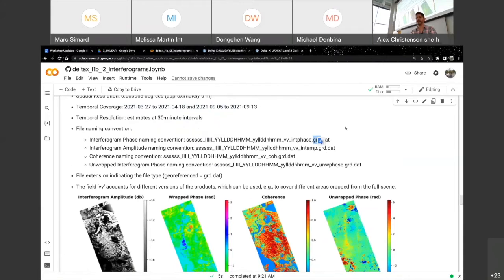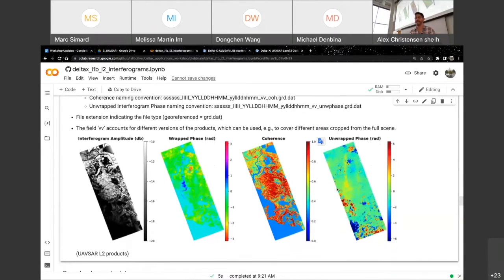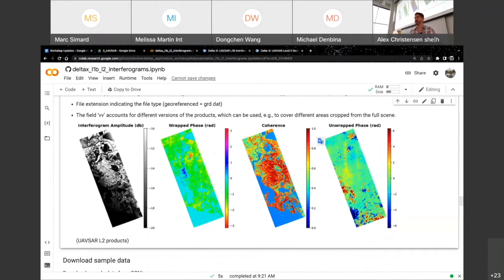So the products that we are delivering that have the geocoding coordinates have the .grd extension. And these ones are friendly with QGIS. You can open them, compare them with the satellite background map, and play around with them in QGIS if you want to. But the data is the same, it's just reprojected.